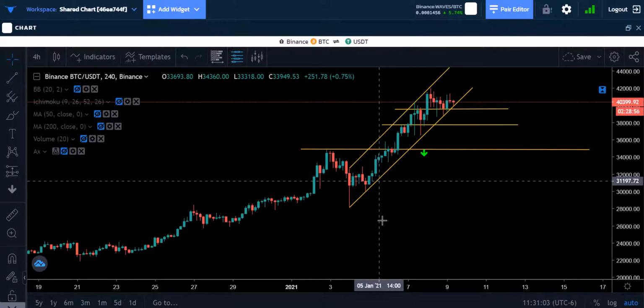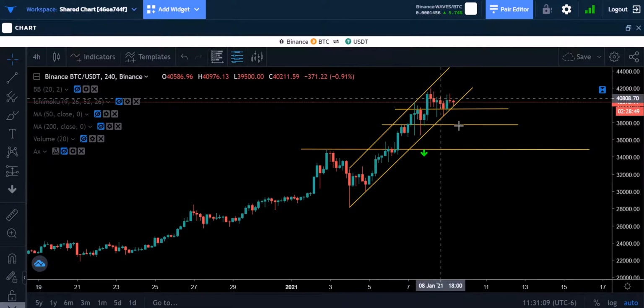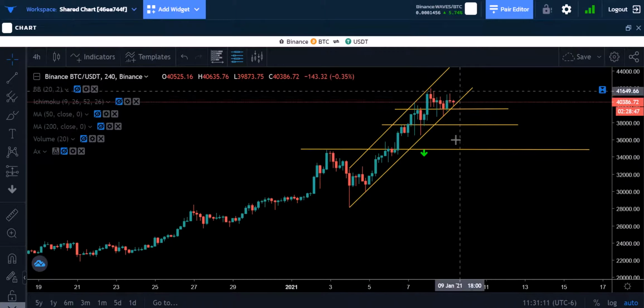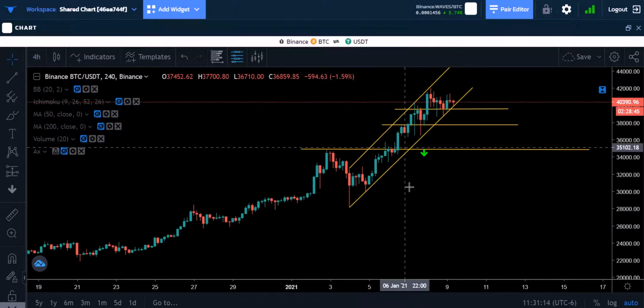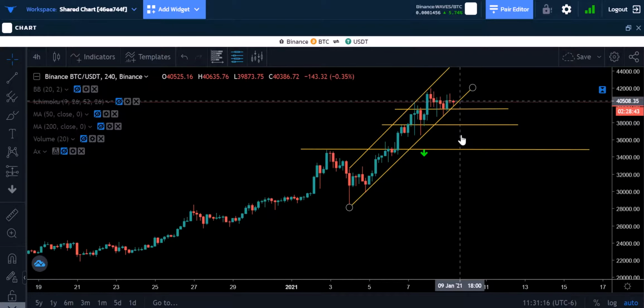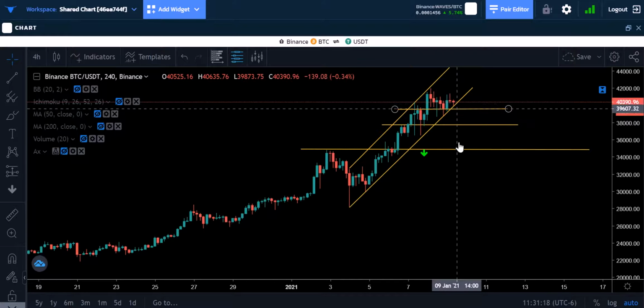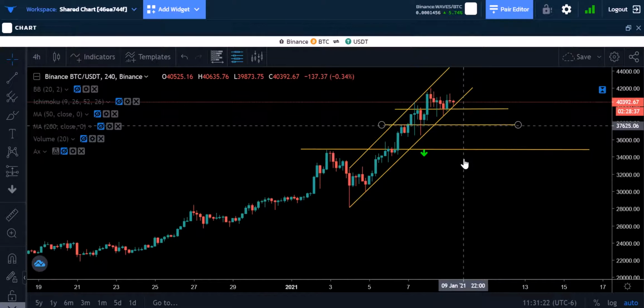I'm still actually learning. I've been doing this for years and I still don't know all this stuff. But like I said, you can see we're clearly finding support on this ascending trend, which is another factor to play. If we lose this, this line is the first line of defense. But if we lose that, this is probably the second area where I would look for support.